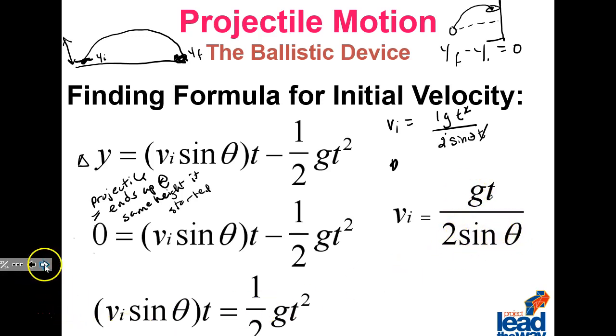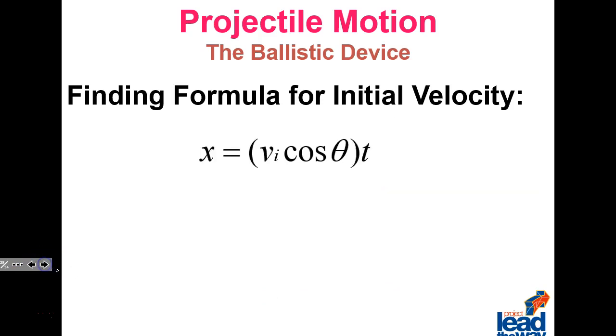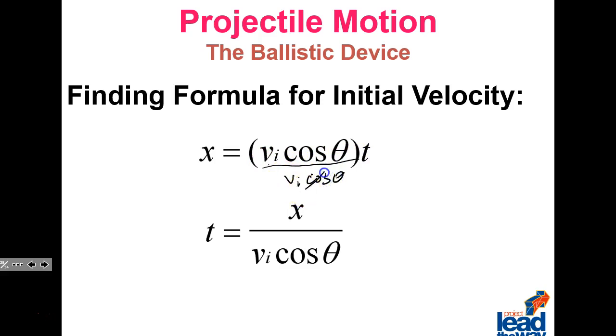Okay? And we take our definition of x is equal to vi cosine theta t, and we rearrange it for t by dividing by vi cosine theta. We would say that t is equal to x over vi cosine theta. So we have a definition of t here.